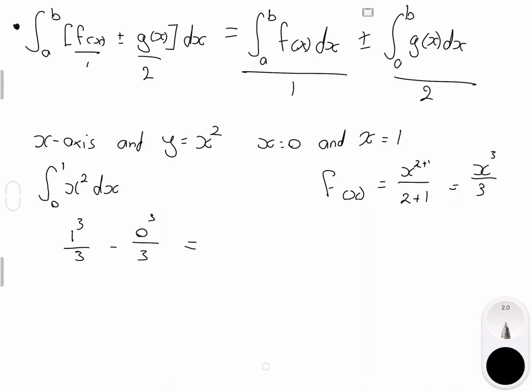And that will give us 1/3 units squared. And that's really all it is. So using what we spoke about before, breaking this down, it becomes F of 1 take F of 0. So that then becomes this part here, and we get our final answer.